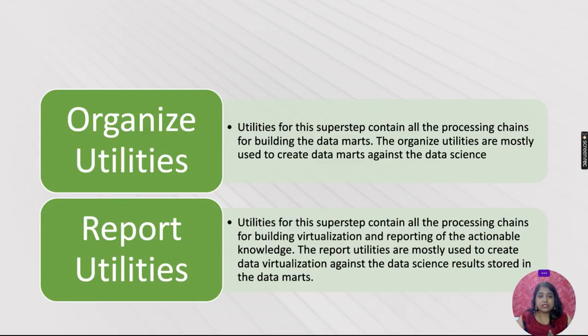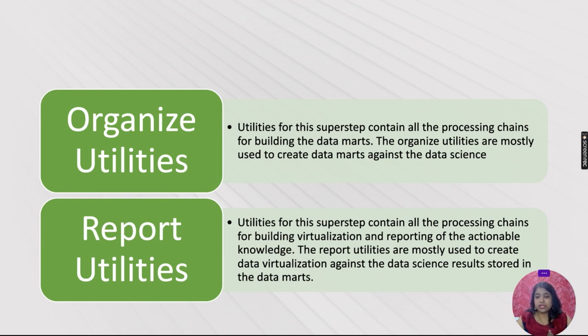Then organize utilities, report utilities. Organize utilities. This super step contains all the processing chains for building the data marts. The organize utilities are mostly used to create data marts against the data science. Then the report utilities. This super step contains all the processing chains for building virtualization and reporting of the actionable knowledge.